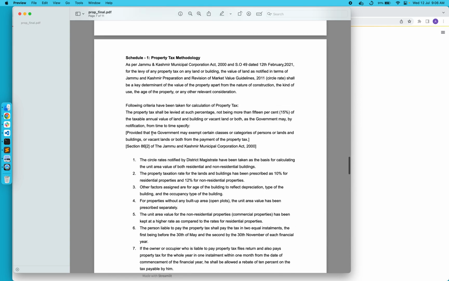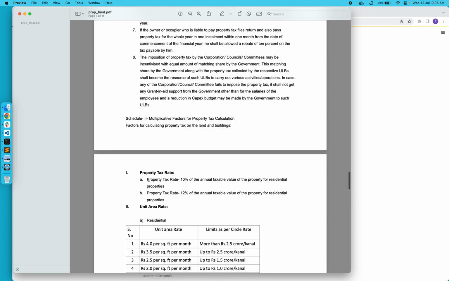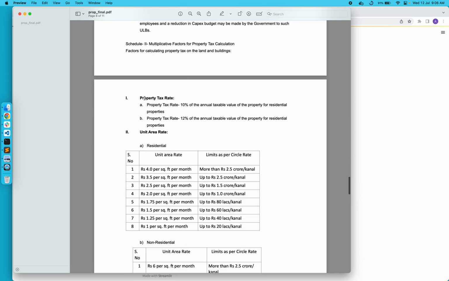Let's see if we have some more interesting questions. Okay, this property tax rate: 10% of the annual taxable value of the property for residential properties. It defines two different property tax rates.